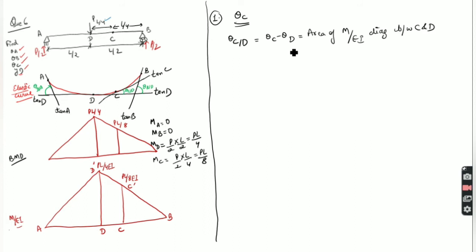So theta D will be 0. So we can say that theta C is equal to the area of M by EI diagram between C and D.